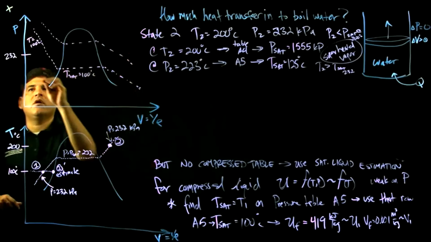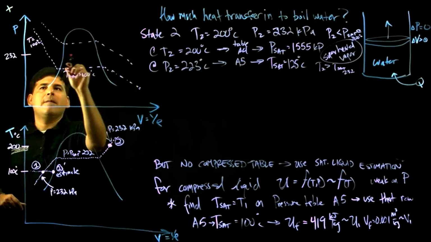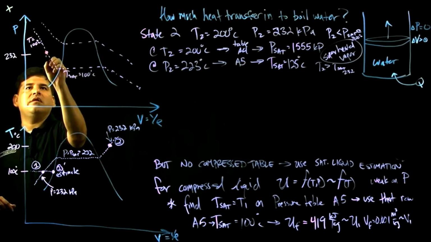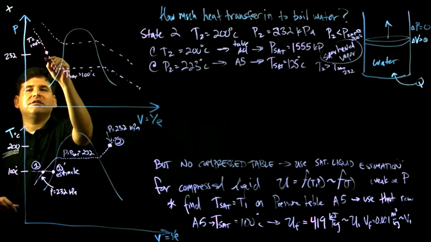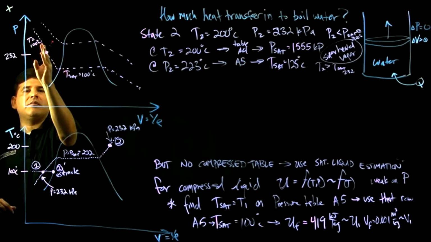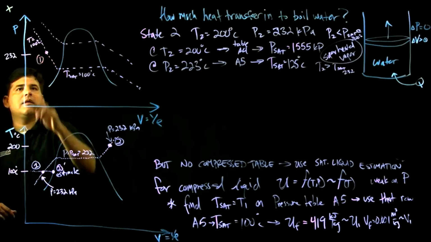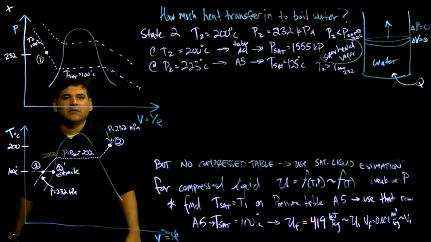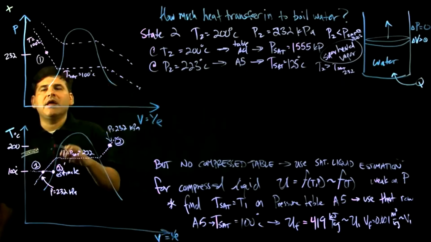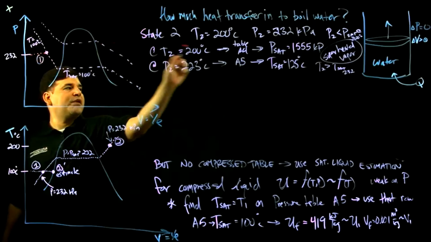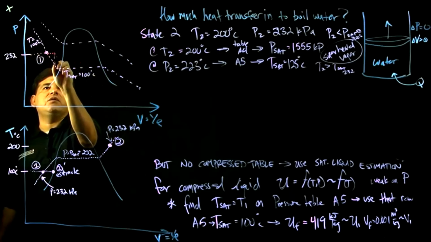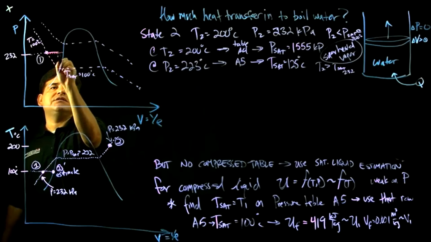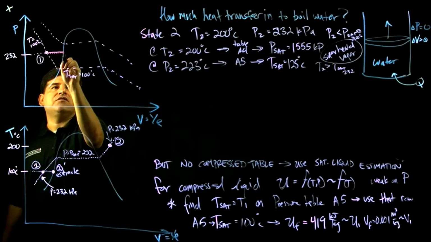And where we are is somewhere in between, where at state 1, we are 100 Celsius. At state 2, the only combination has to be in compressed liquid space. And then in this piston cylinder, there's energy increasing, and it takes us into the phase change region.